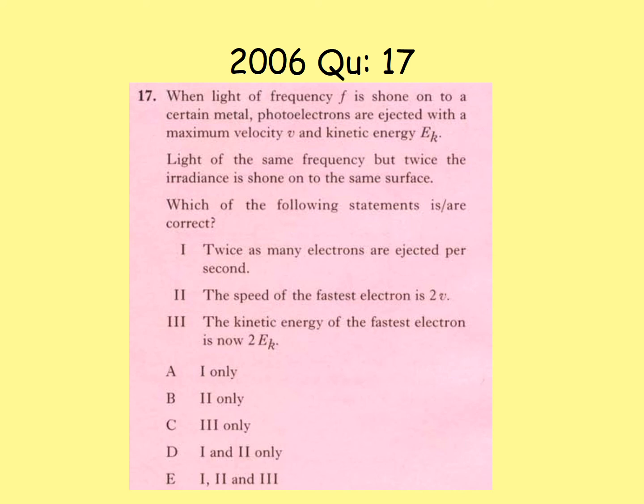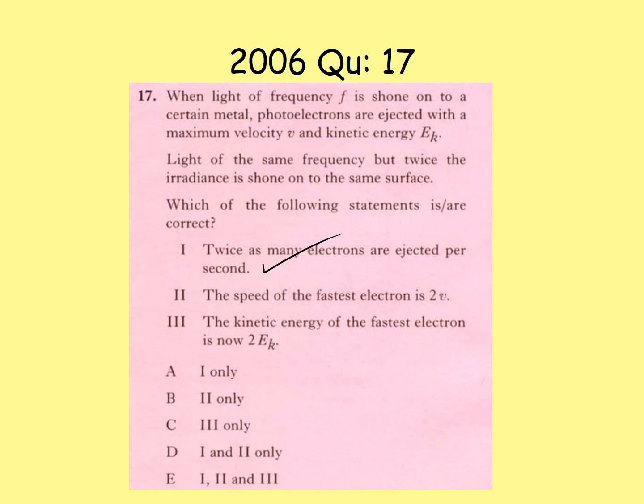Well, we've got the same frequency, but twice the irradiance. Twice the irradiance means twice the number of photons per second, therefore twice as many electrons. Correct. Same frequency, though, means we have the same energy of photon. That means the same kinetic energy.